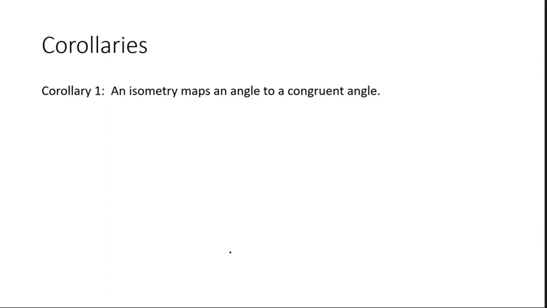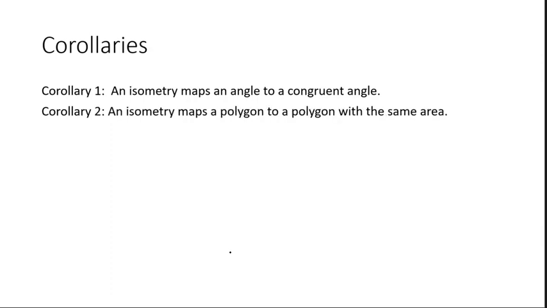And then corollary 2 goes along with the fact that the isometry not only works for triangles, but also for any polygon. So if it's creating congruent polygons, that means the areas will be the same because we have congruent shapes. And that's what corollary 2 says: an isometry maps a polygon to a polygon with the same area.